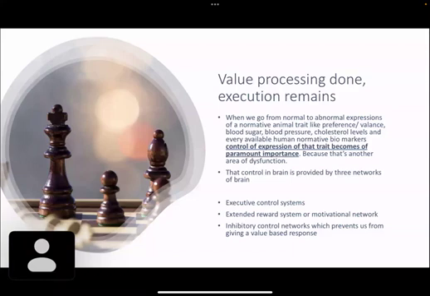When we go from normal to abnormal expression of a normative animal trait like preference or valence, blood sugar, blood pressure, cholesterol level, and every available human normative biomarker, control of expression of that trait becomes of paramount importance, because that is another area of dysfunction, and that is actually the most common area of dysfunction, not only another area of dysfunction.